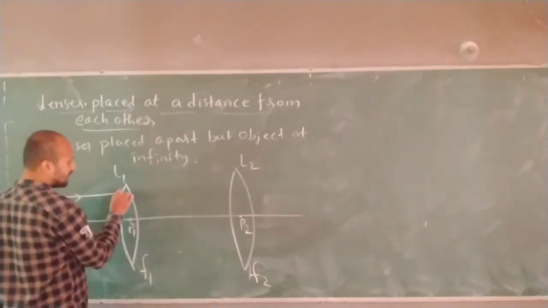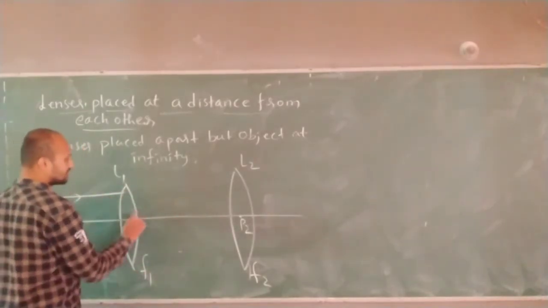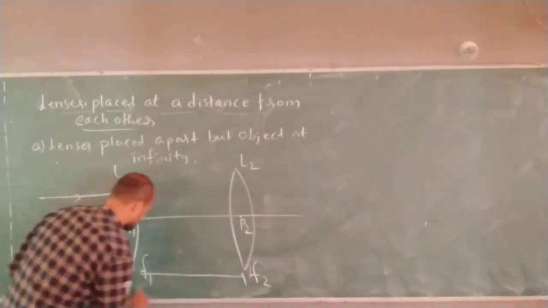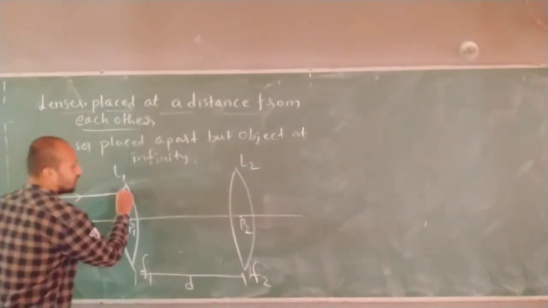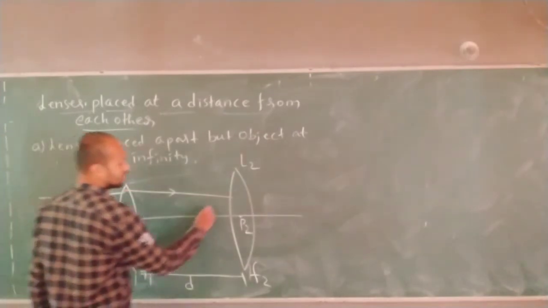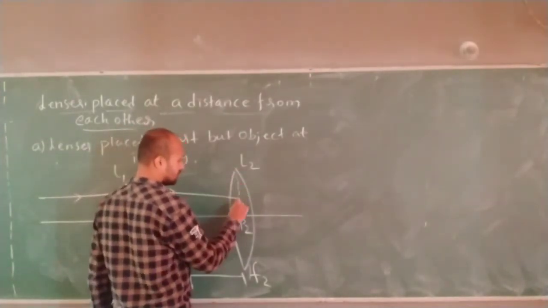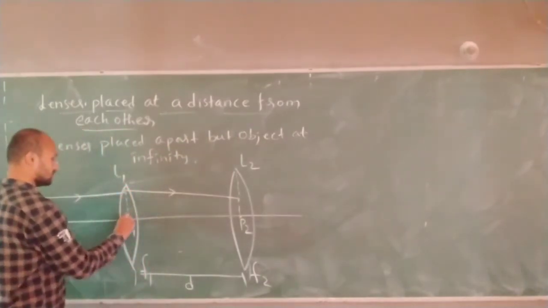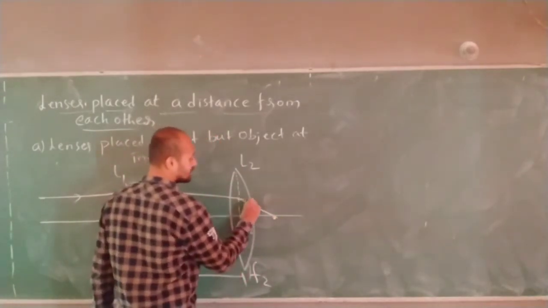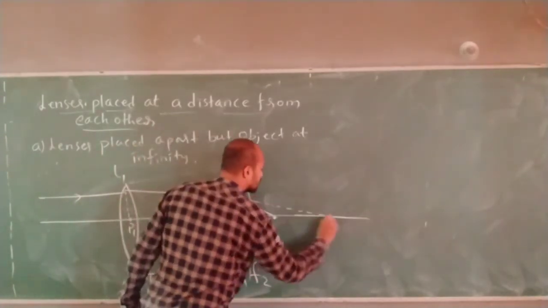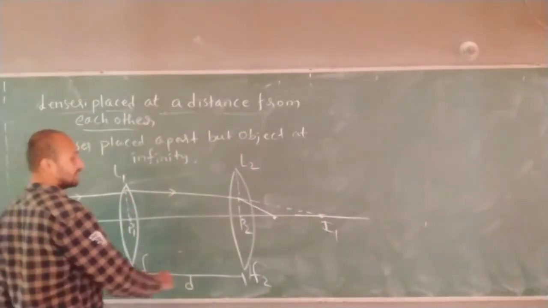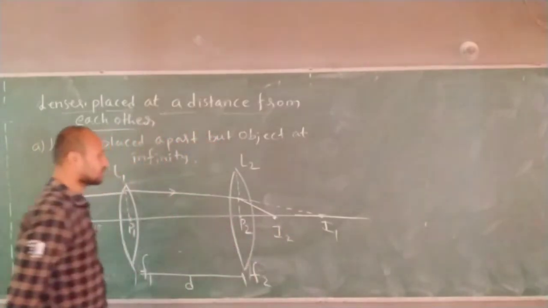Let's take the distance between these two lenses. It will get converged. If it gets converged, again from here, what is going to happen? Again it will get converged. If I extend the line, this is the image produced by L1. The final image is this one. That is I2.